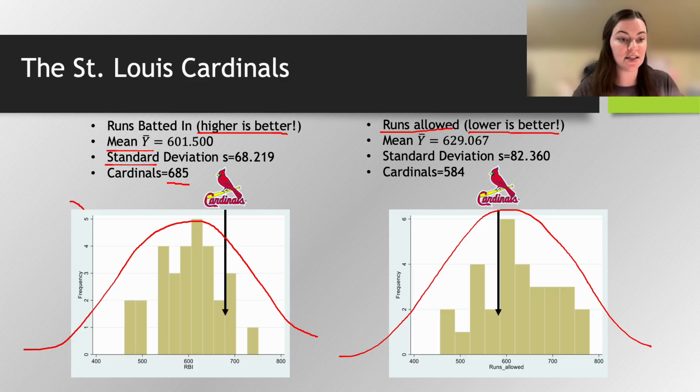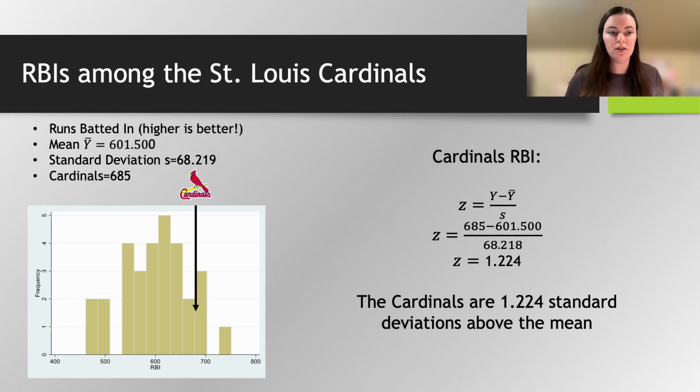And so our y-axis is showing how many teams scored a certain amount, and our x-axis is showing the number of RBIs per team. Similarly, on our right-hand side distribution, our y-axis is showing us the number of teams, and our x-axis is showing us runs allowed. So let's first take a look at our distribution in terms of runs batted in, or RBIs.